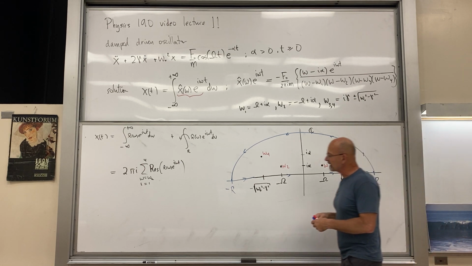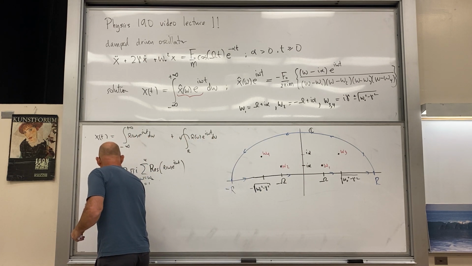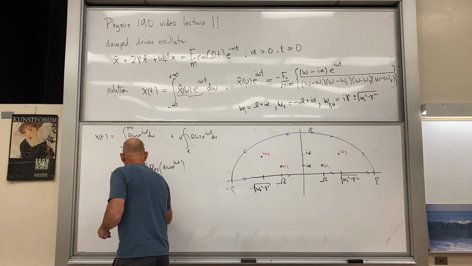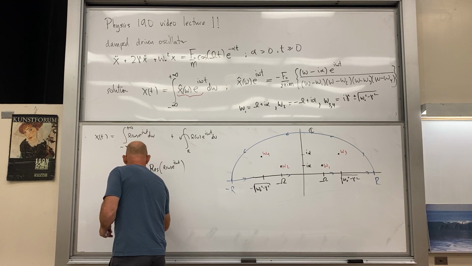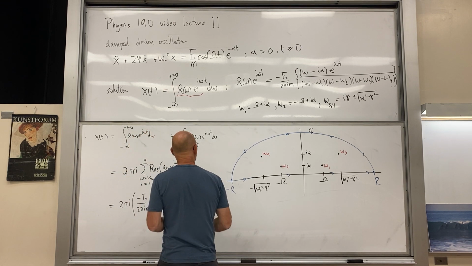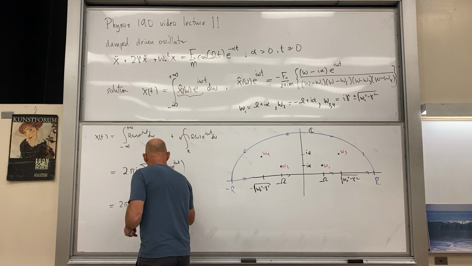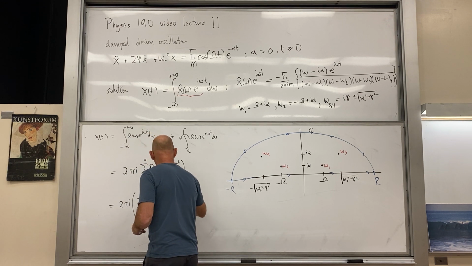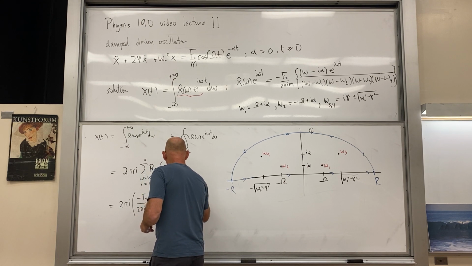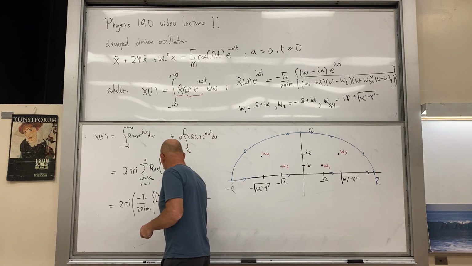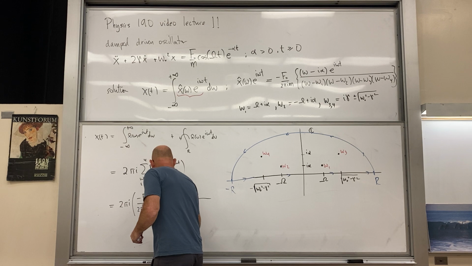So to get started here, and you guys do all 4 of them, 2 pi I times minus f naught over 2 pi I m, omega 1 minus omega, e to the I omega 1 t, and this is going to cancel this minus omega.